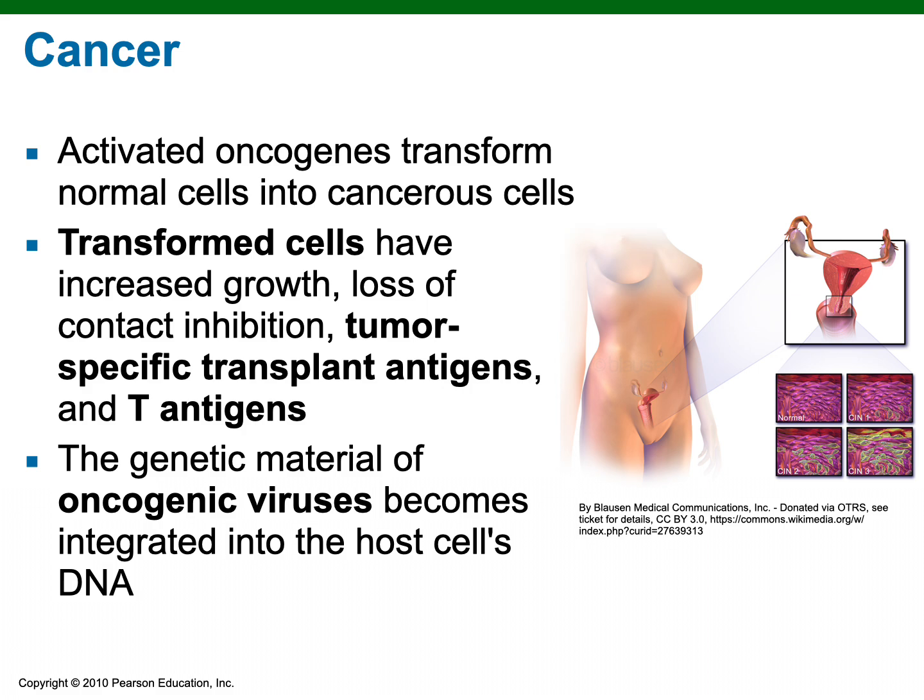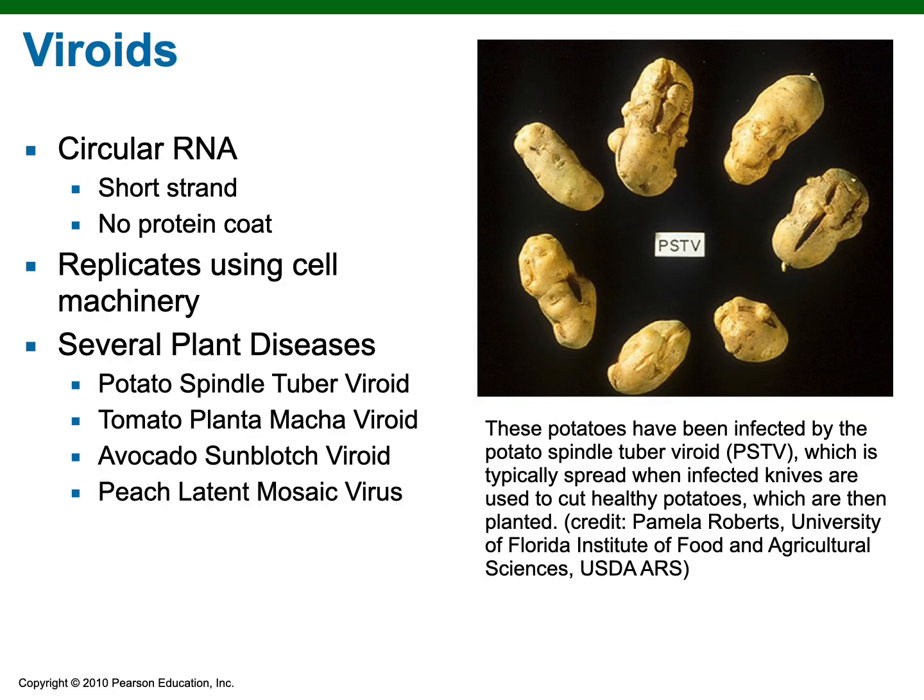Okay, so that's kind of a review, but now we're going to deal with some unusual acellular pathogens. The first one are the viroids. These are circular RNAs, which generally don't occur in many places. There's no protein coat, there's no envelope, there's no enzymes. They get the host cell to replicate them.